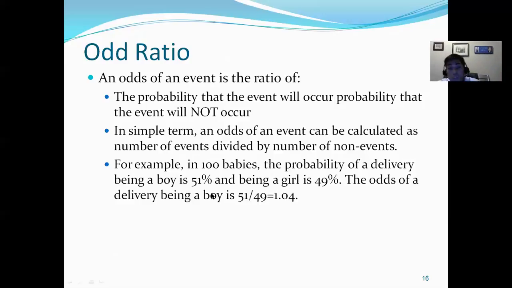So the odds of delivering a baby boy is 51 and the odds of being delivered a girl is 49. So you just simply divide 51 by 49, it's 1.04. So when we interpret this, it's just 1.04 odds or more likelihood to have a boy than having a girl delivering.